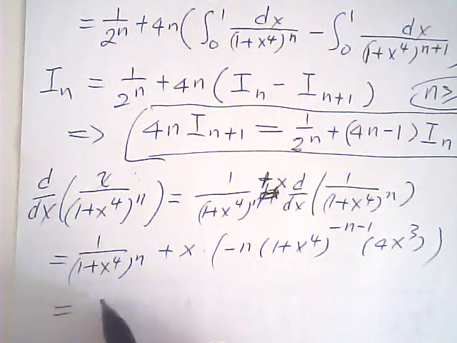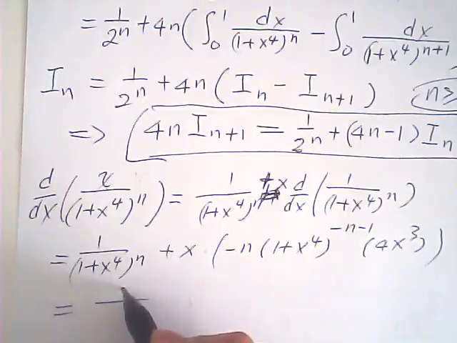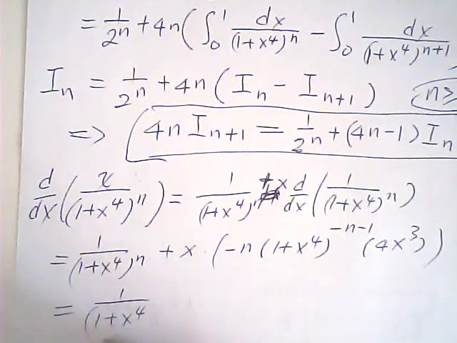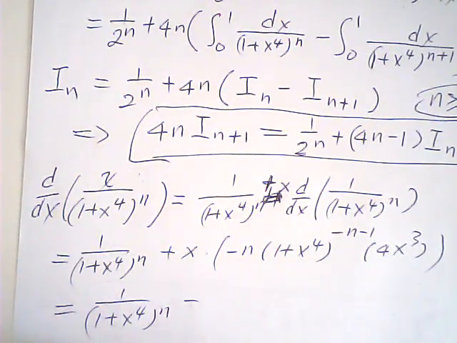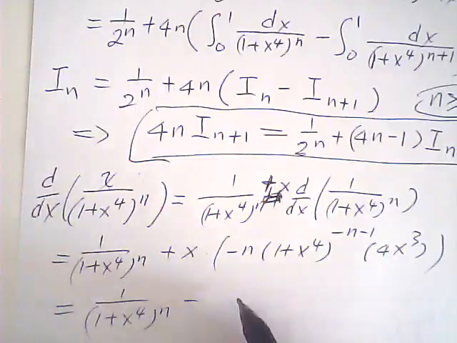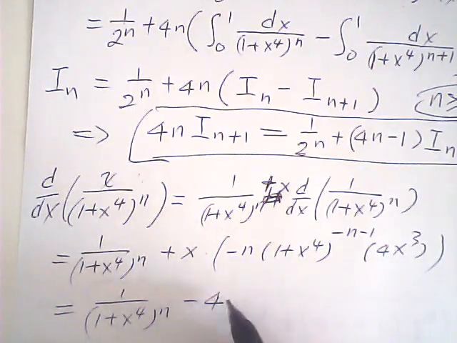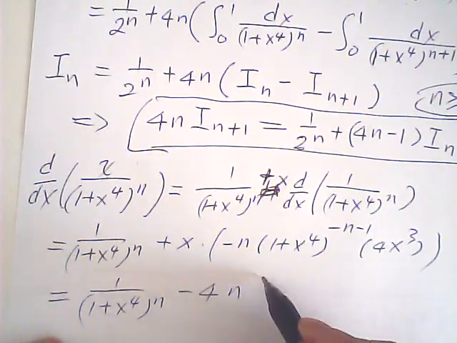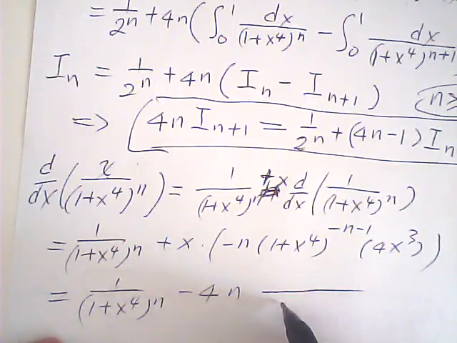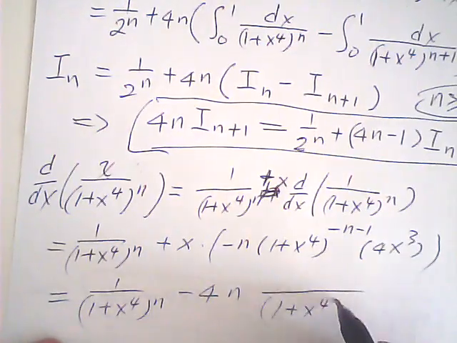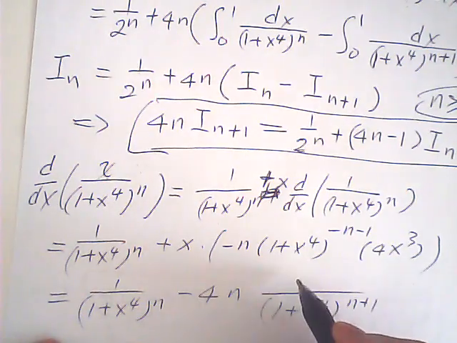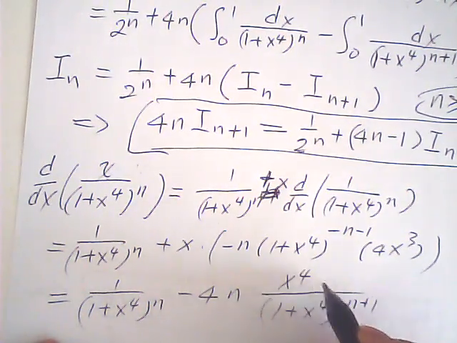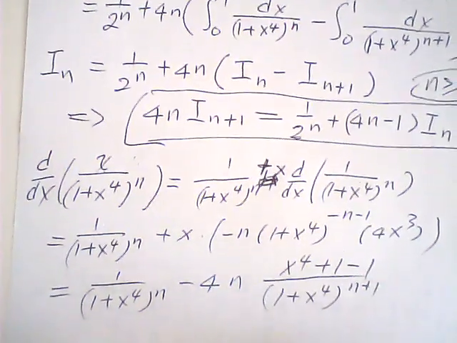Now this one is equal to 1 over 1 plus x fourth to the power of n, minus 4n over 1 plus x fourth to the n plus 1, and this is x fourth, plus 1 minus 1.